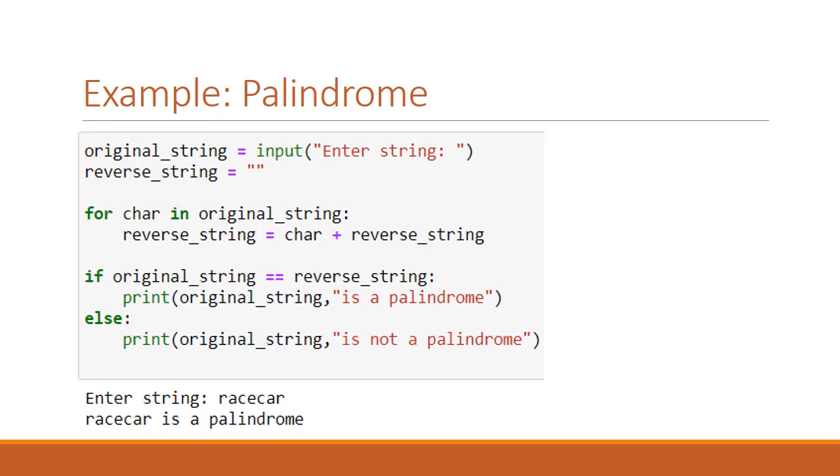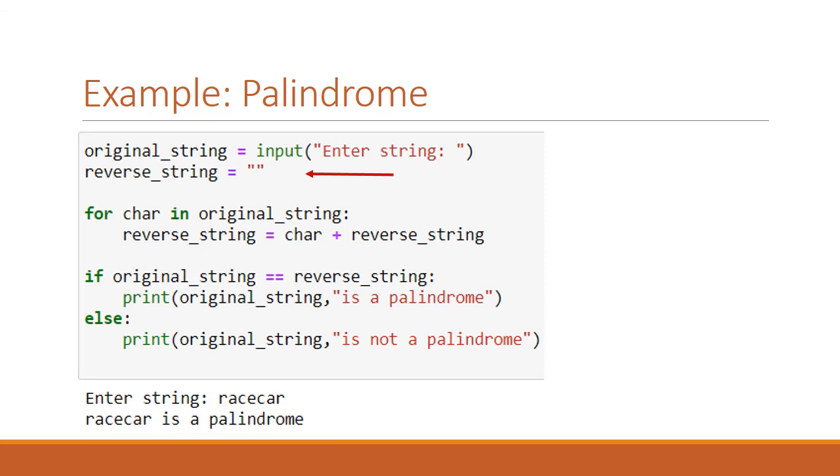Here is an example program that determines if a string entered by the user is a palindrome based on our algorithm. Our first statement prompts the user to enter a string. The string entered by the user is assigned to the memory location original string.